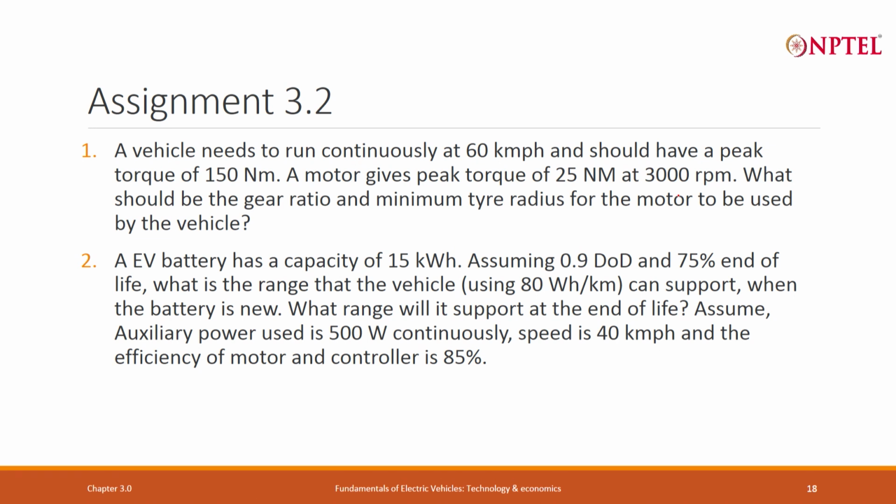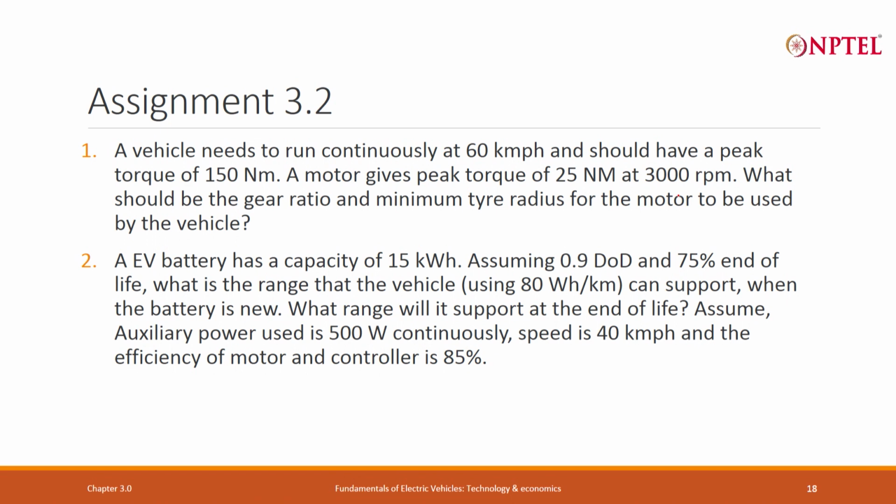What should be the gear ratio and minimum tire radius for the motor to be used in the vehicle? I have told you that it has to be continuously used at 60 km per hour. I have given you the tire radius, you have to convert RPM and all those things. Motor will run at 3000 RPM at 25 Newton meter. You require a torque of 160 Newton meter, what should be the gear ratio?